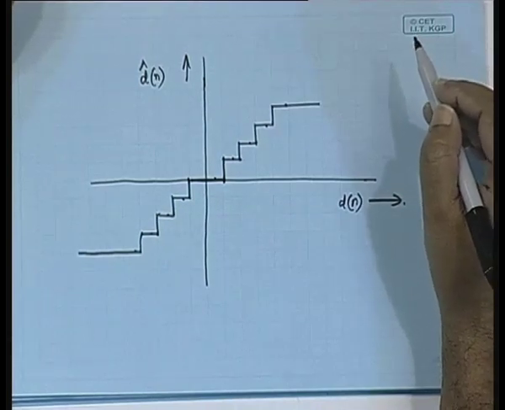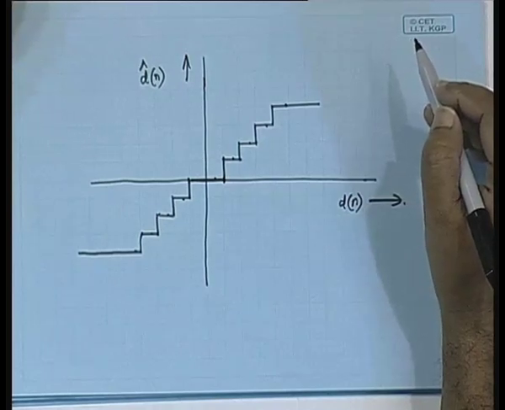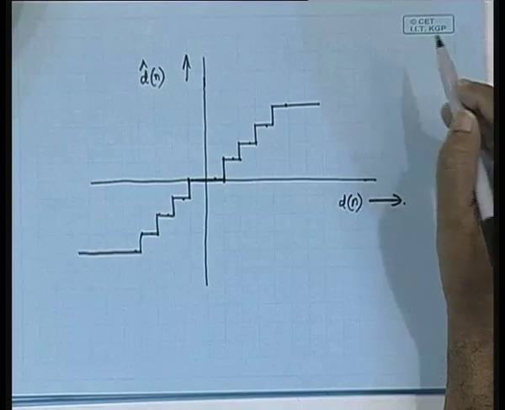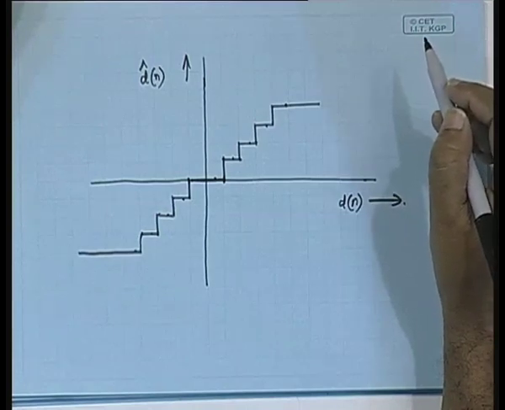We were very coarsely quantizing it. So delta modulator is in fact a special case of the differential pulse code modulation, where the number of levels is equal to 2, but in general in a DPCM the number of levels is larger as compared to 2.